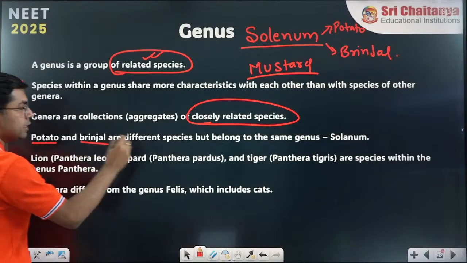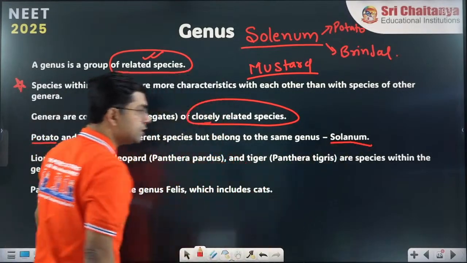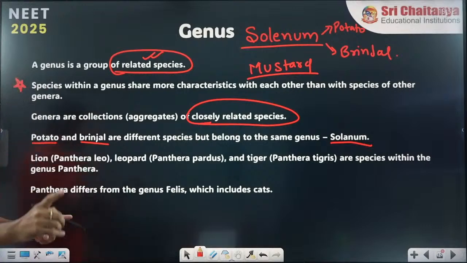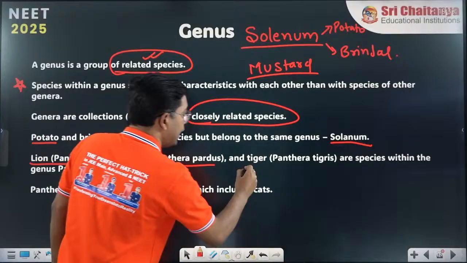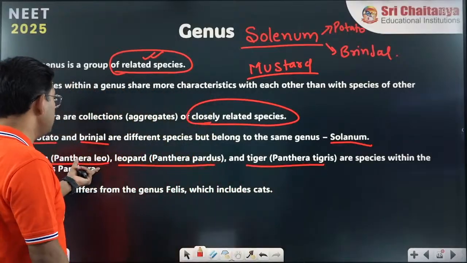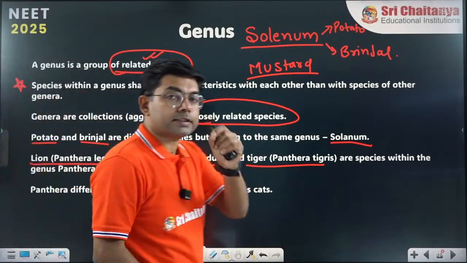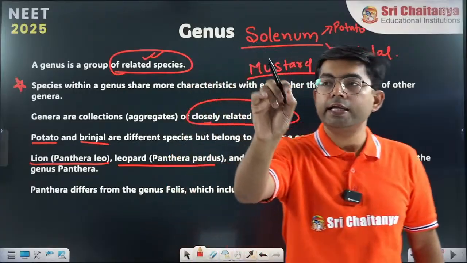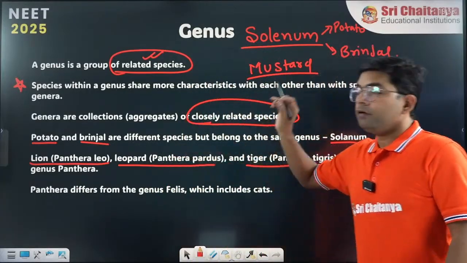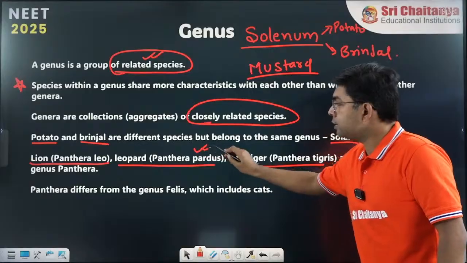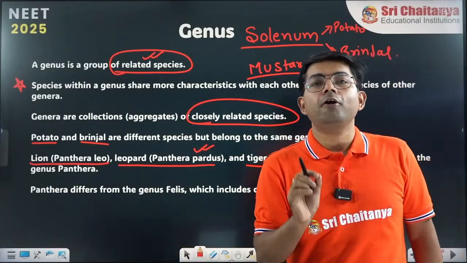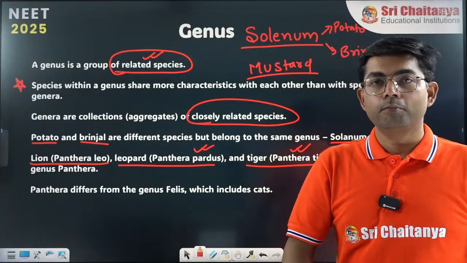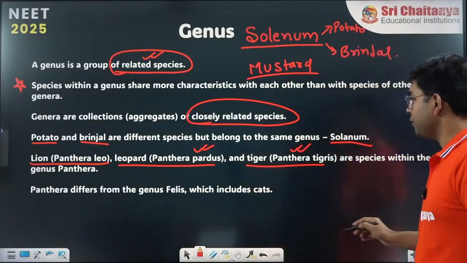Genera are collections of closely related species. Potato and brinjal belong to the same genus, Solanum, whereas see lion, leopard and tiger: lion, Panthera leo, remember this, leopard, Panthera pardus, and tiger, Panthera tigris. All of them belong to the same genus, but the species are different.